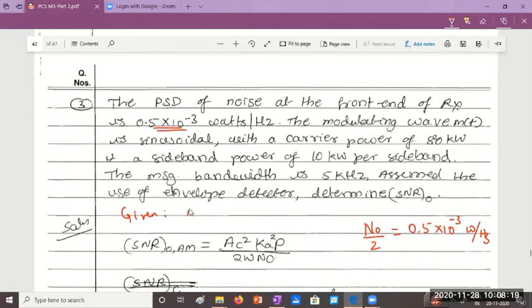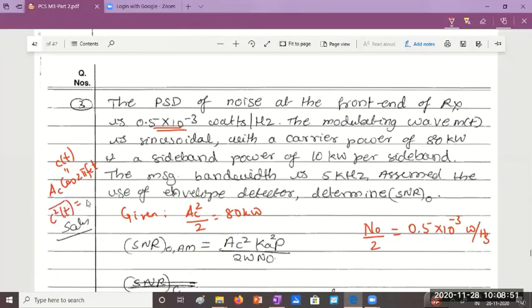Let me see. How much is carrier power? Power in carrier will be just AC square by 2. Yes or no? What is your carrier? Whichever modulation you take, the carrier is nothing but AC cos 2 pi FCT. So what will be the power in this carrier signal?